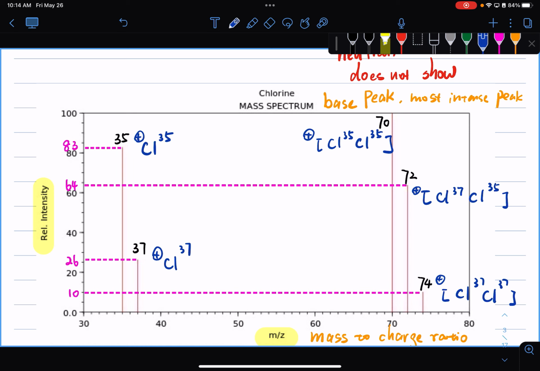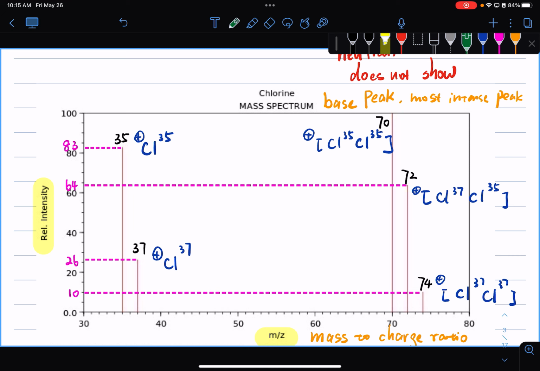So that's assigning peaks. But we can get even more information from reading the mass spectrum. So before we were talking about IR being more qualitative. So mass spectrum can actually become pretty quantitative, and you can get information like what's the natural abundance of chlorine 35 versus chlorine 37. So let's do that calculation here.